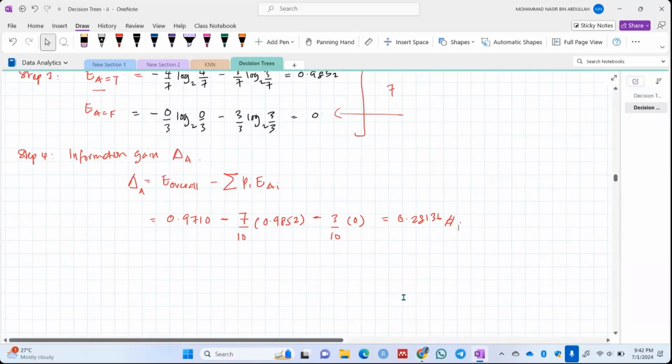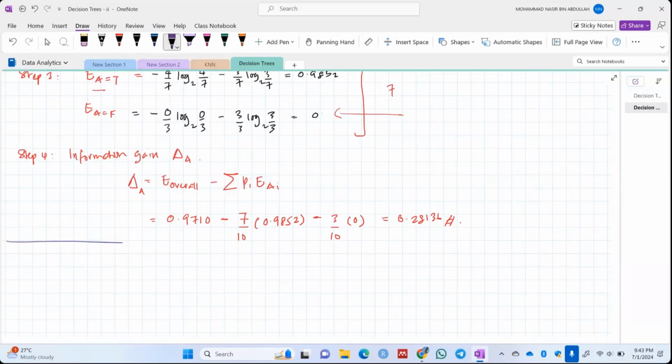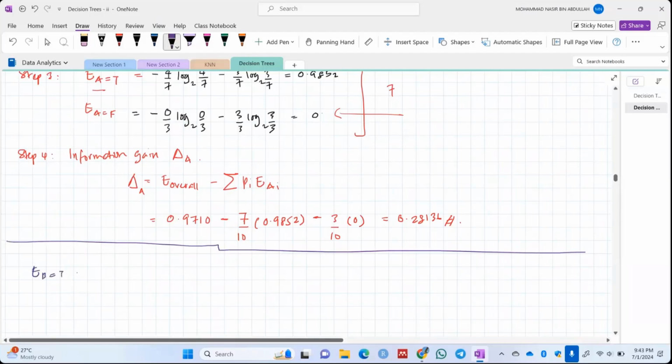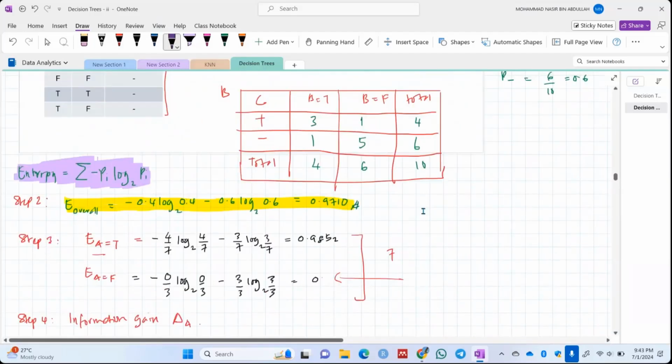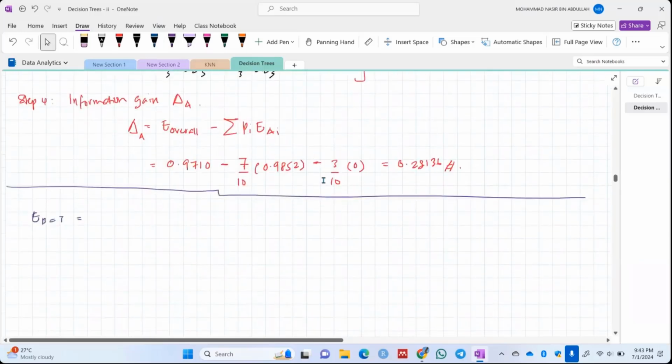For B, same procedure. We just repeat the same way to find B. So let's look at B. Entropy for B equal to true, the proportion is 3 over 4 and 1 over 4.